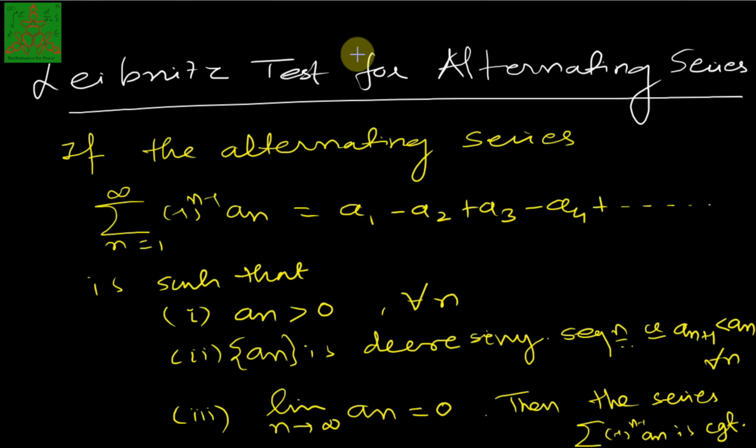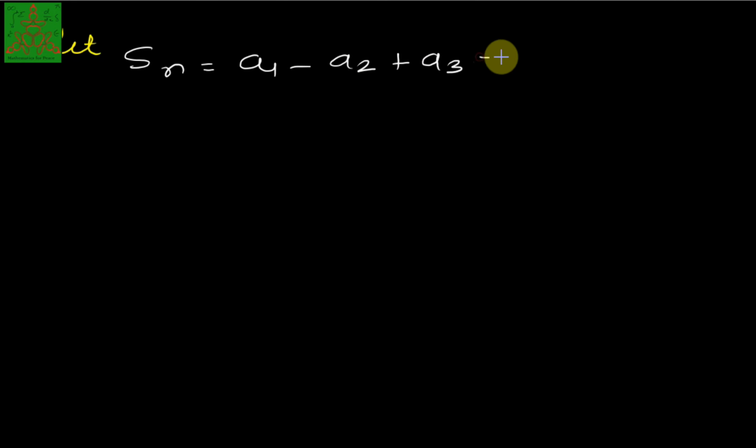To prove that this series is convergent, we need to see what the partial sum of this series is. Let Sn be the partial sum: Sn is equal to a1 minus a2 plus a3 minus a4 and so on, plus minus 1 raised to n minus 1 an. This depends on the value of n.